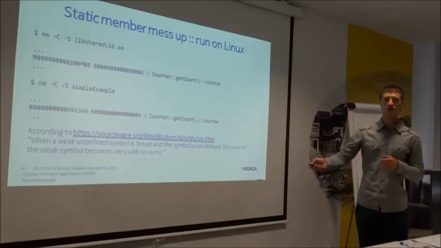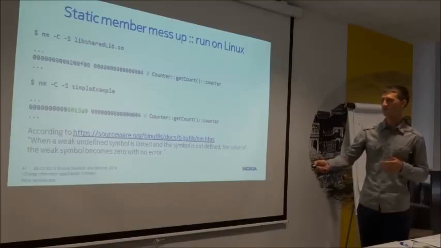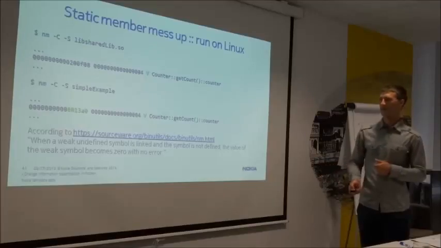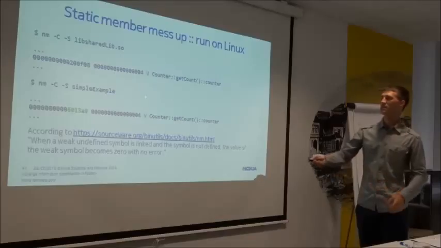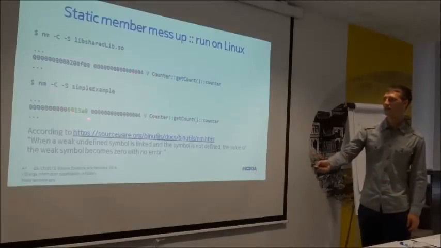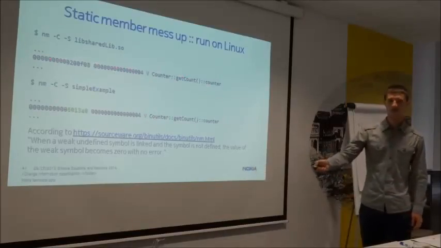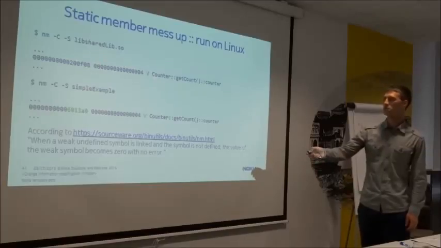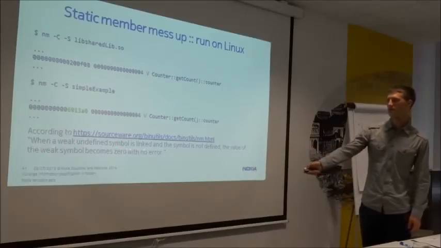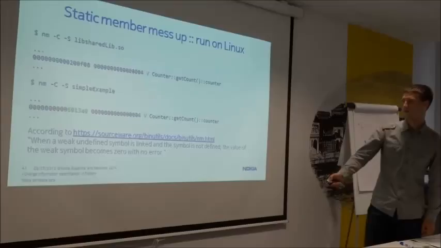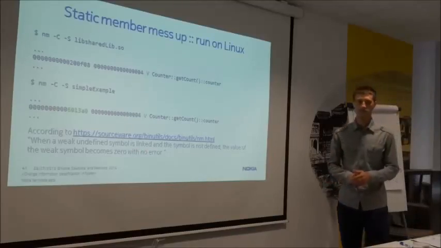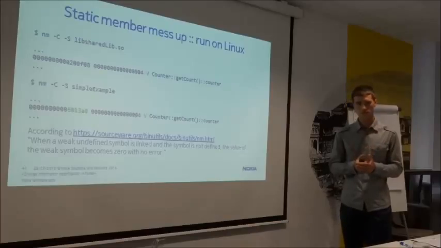It means that the linker can choose one of those two symbols, as stated here. The value of each symbol becomes 0 with no error. The symbol is not defined, but yeah. But here you've got a linked executable.